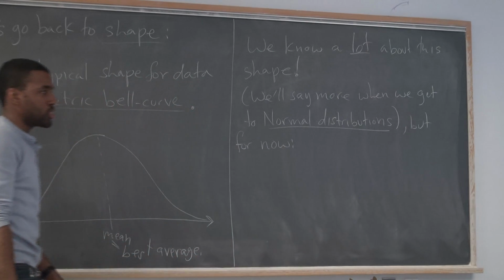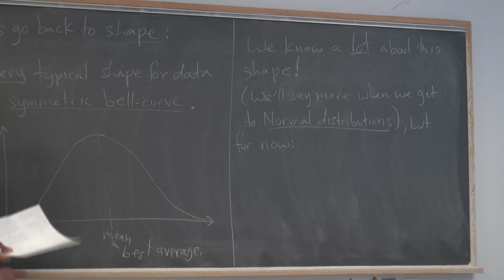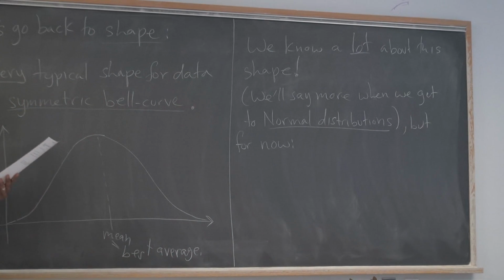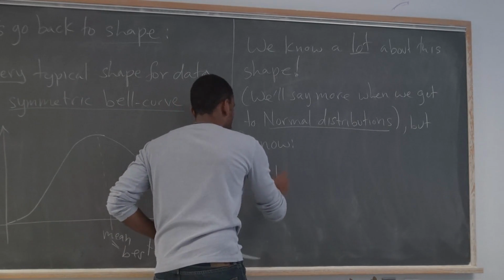It's called the normal distribution. I'm not sure why it's called the normal distribution, but maybe it's because it's the normal thing to happen. I think it's very usual. One thing we know is the bell curve rule.